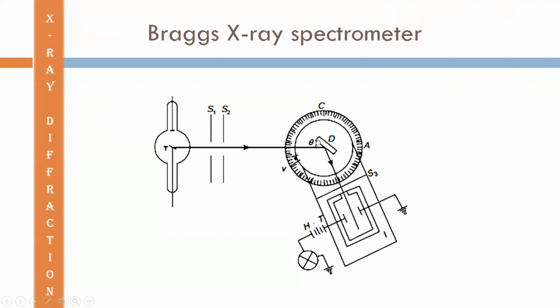And this is the place of crystal, and there is a graduated vernier table, and this is an ionization chamber denoted as I.